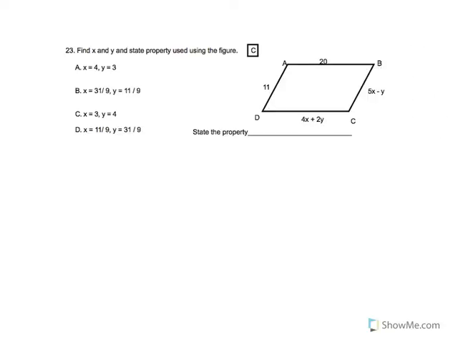We have opposite sides are parallel. That doesn't really help me. Or we have opposite sides are congruent. That definitely helps me. Now I use that property to create my equations. I have this side here going with this side here, and then I have this side here going with this side here.